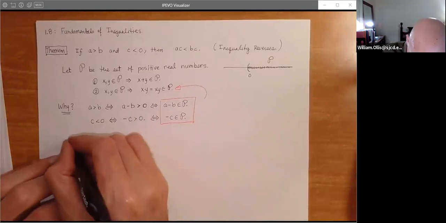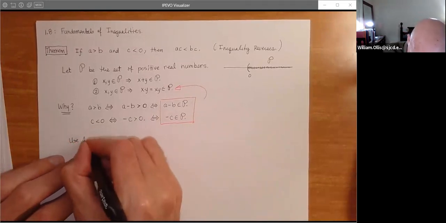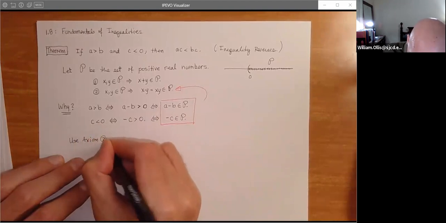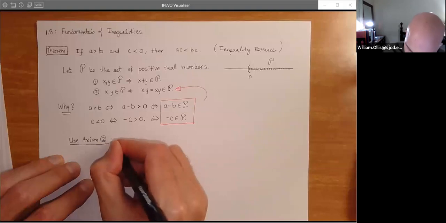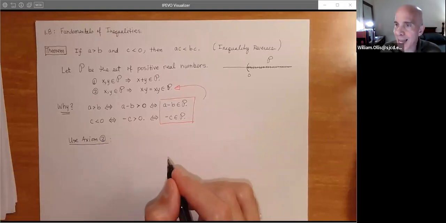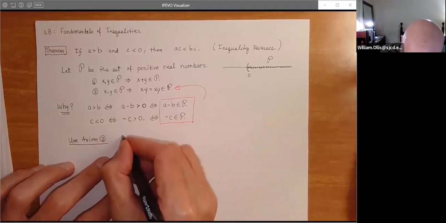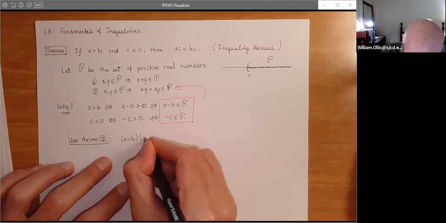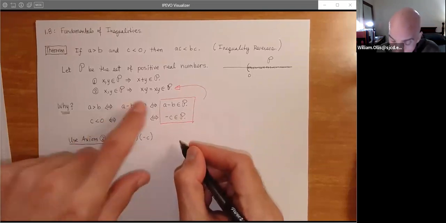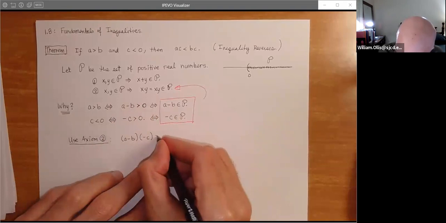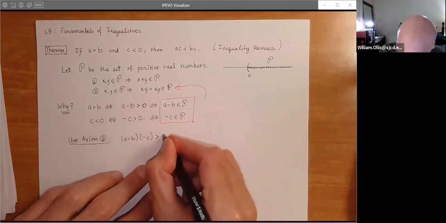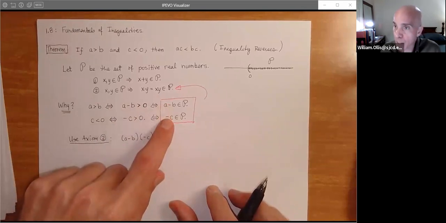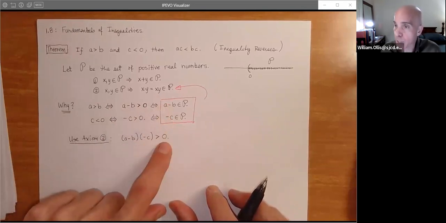So we're going to use axiom 2. Again, I just want you to think about what it means to work with signs. So now we have A minus B times the additive inverse of C must be a positive real number. So by axiom 2, the product of these two positive real numbers is again a positive real number.